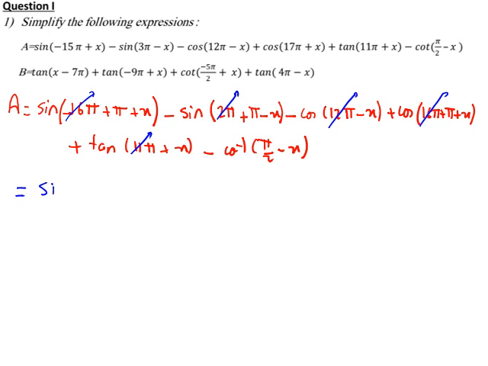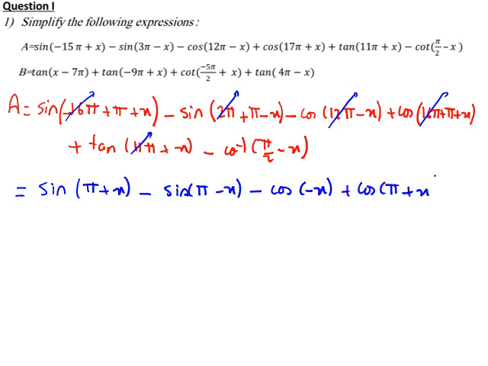So equals sine of pi plus x minus sine of pi minus x minus cosine of minus x, cosine of pi plus x, plus tangent x minus cotangent of pi over 2 minus x.